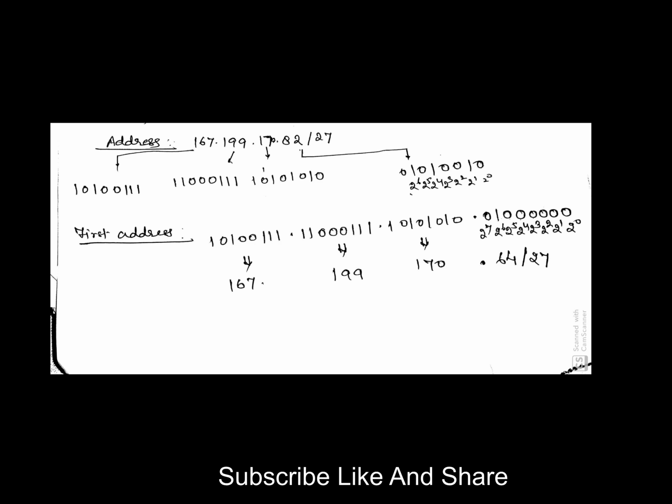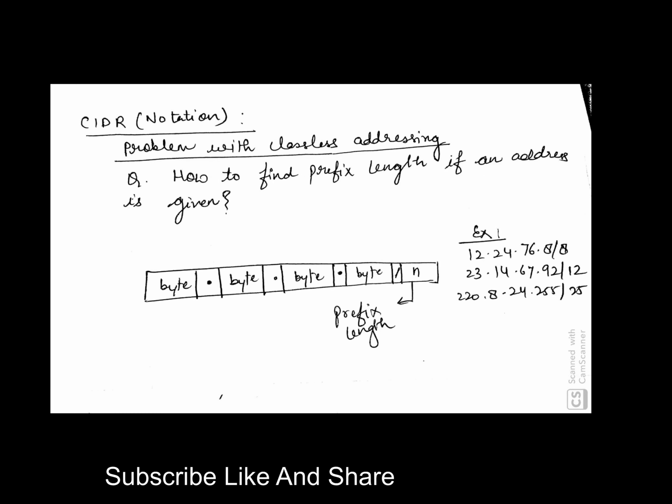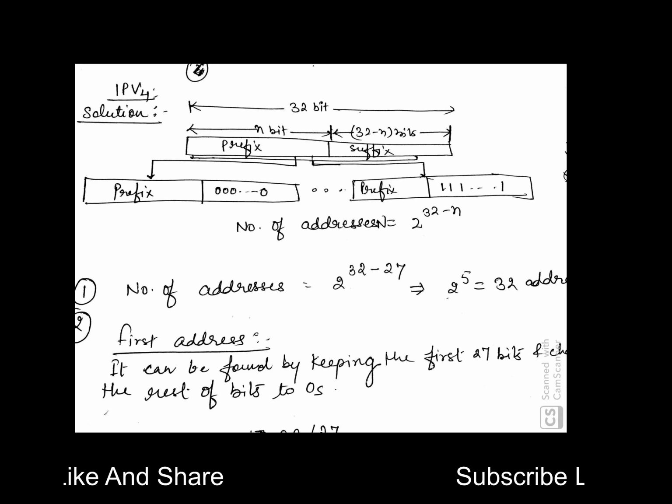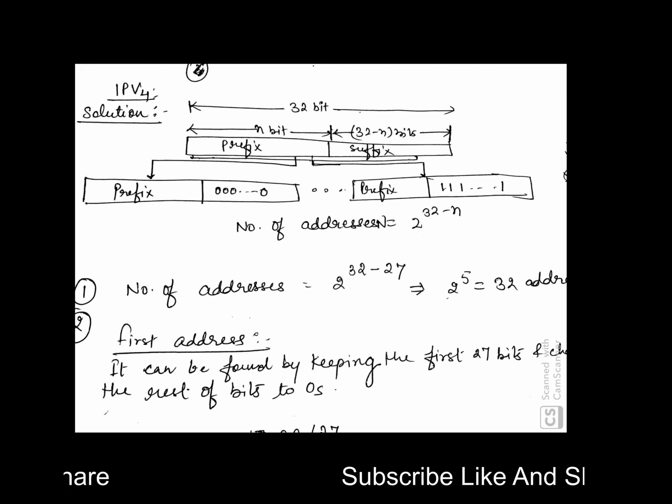So how do we calculate the first address? Write down the first address. It can be calculated by keeping the first 27 bits and changing the rest of the bits to zeros.